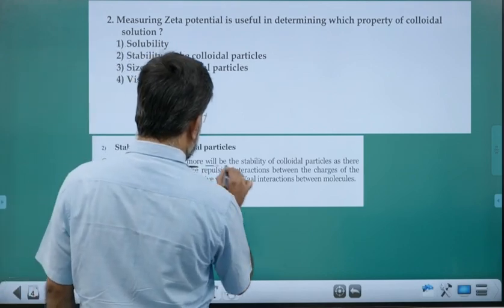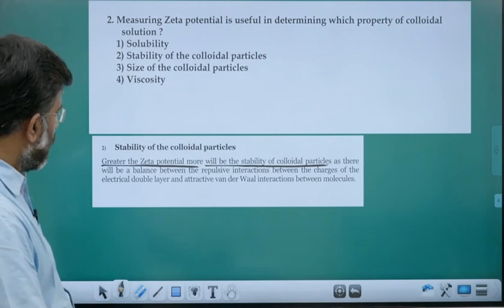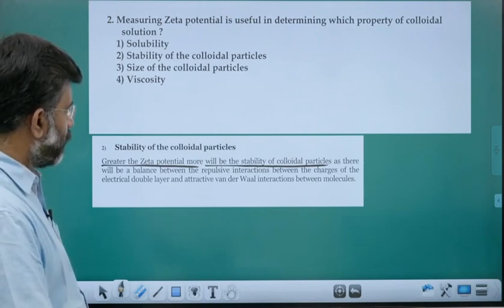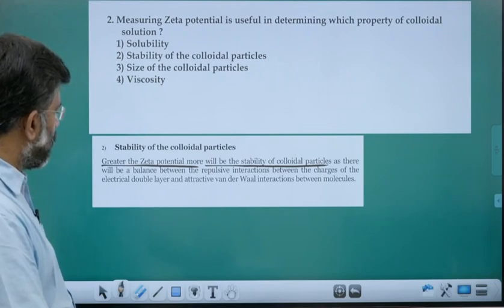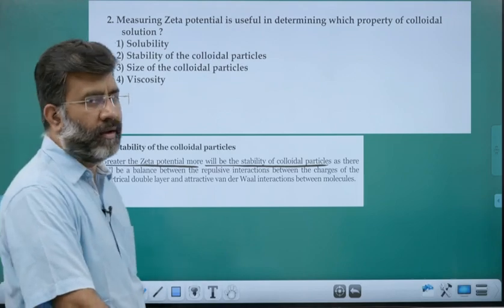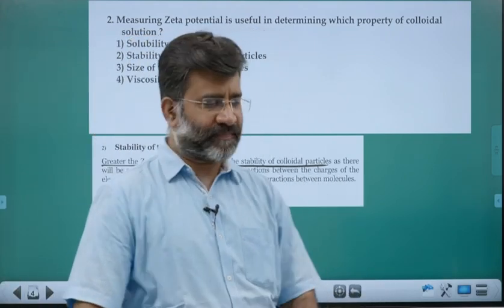Greater the zeta potential, more will be the stability of colloidal particles, as there will be a balance between the repulsive interactions between the charges of the electrical double layer and attractive van der Waals interaction between the molecules. Right? Next question.